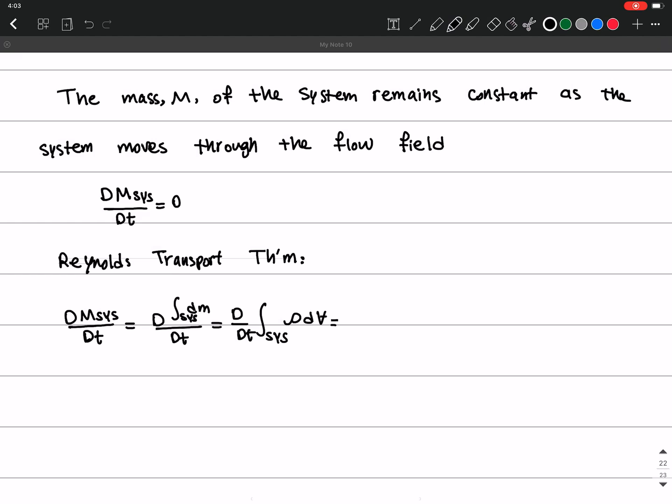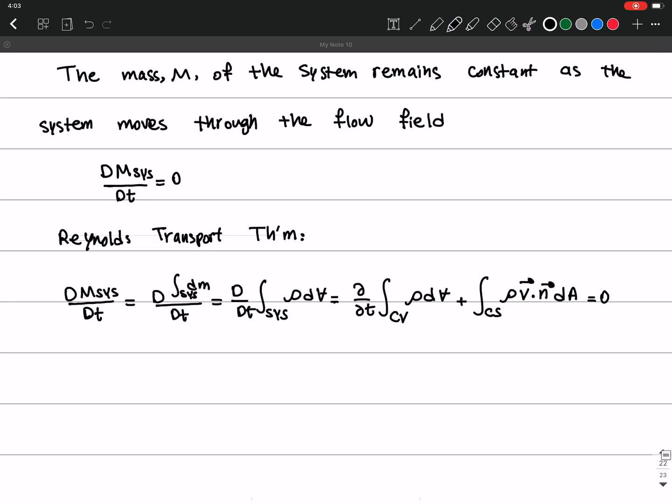So from Reynolds transport theorem, this equals partial over partial t of the integral over the CV of rho dV plus the integral over the control surface of rho V dot n dA. This equals 0.